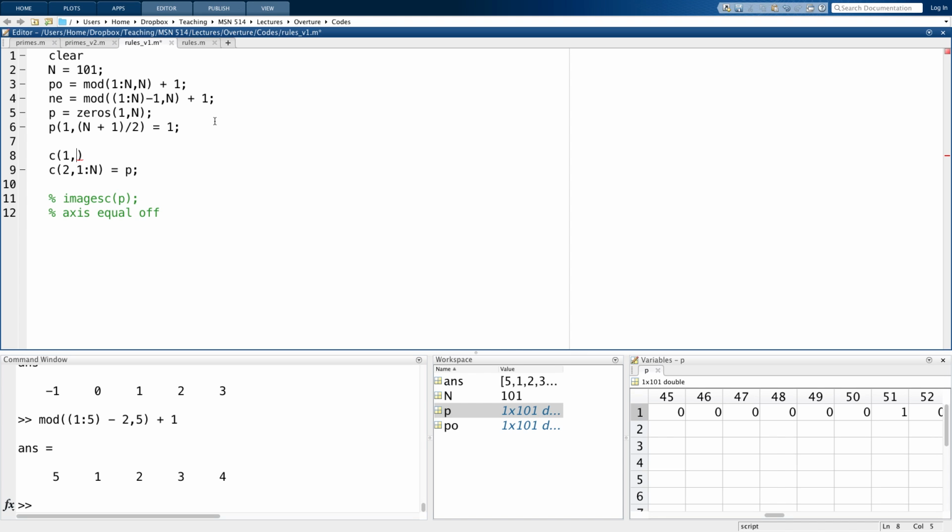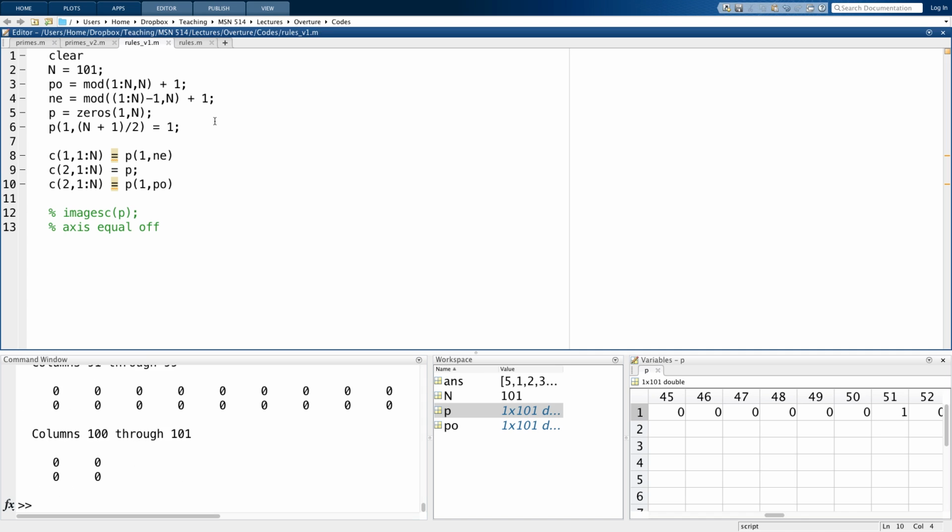The negative one, like 1 to n is P, but with negative indices. And the third one is P with positive indices.